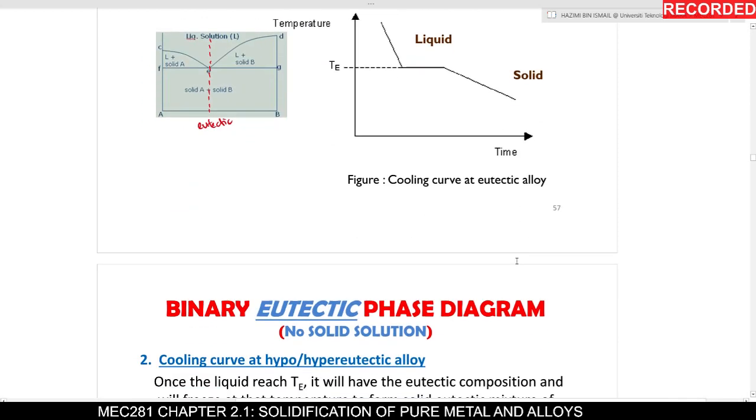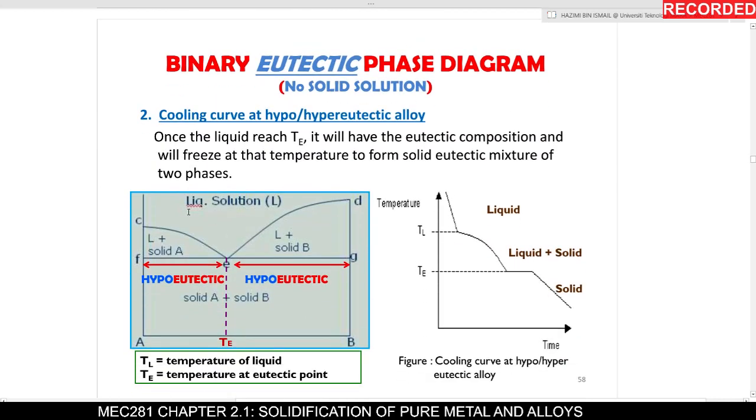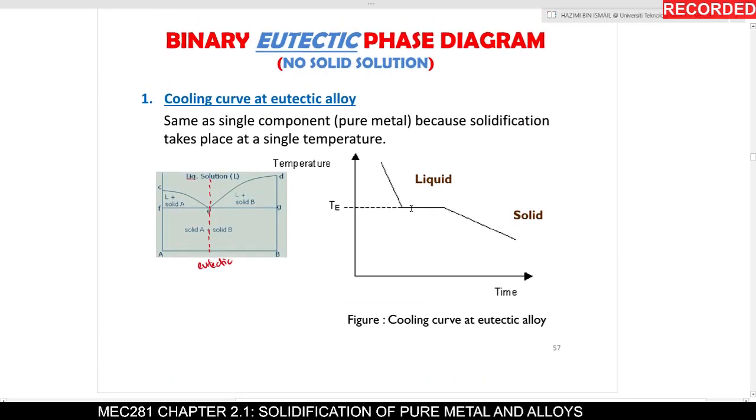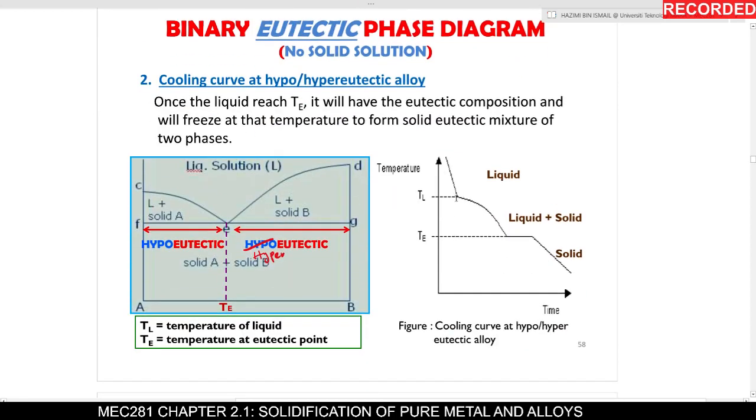But if we cool down along the hypoeutectic or hypereutectic, this one is a typo, this is hyper eutectic region, you will get a different cooling curve. Instead of just a horizontal line as in the pure metal, now we have a curve here.